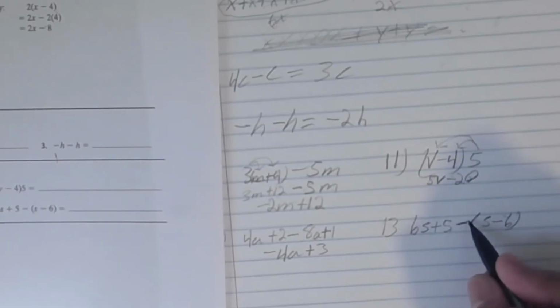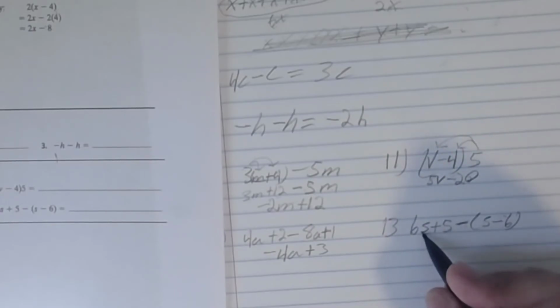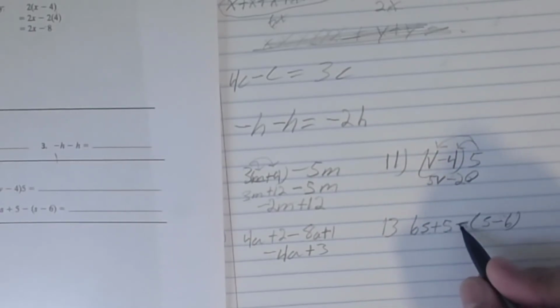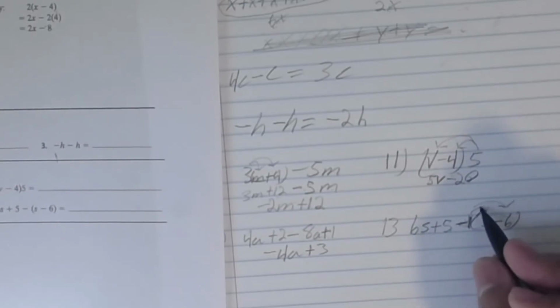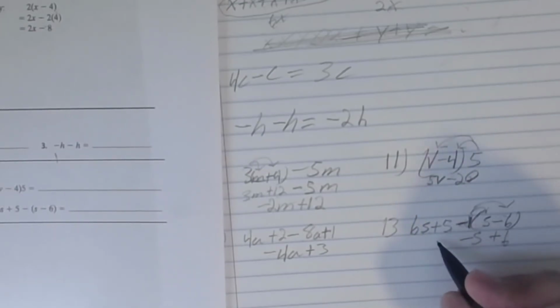We have to distribute before we can combine. We cannot just do s plus 6s. We have to distribute this negative sign. There's an imaginary 1 in front, so we have to use the distribution property. Negative 1 times s is negative s. Negative 1 times negative 6 is positive 6. So this becomes this.